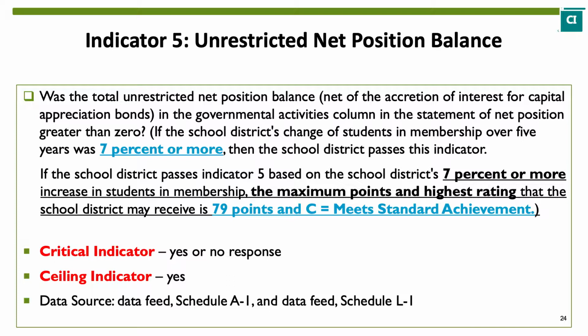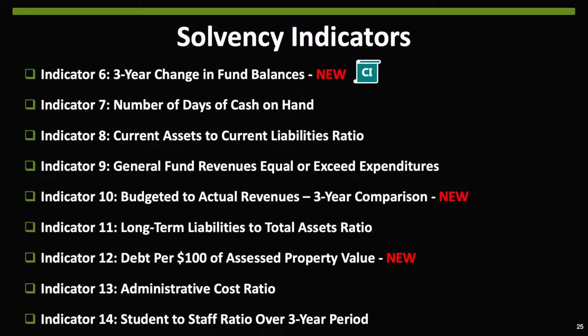Any questions about indicator 5? It's very rare that school districts have, before OPEB, had a negative net position. Truly, it's very rare. It's some of the fast growth districts, and they would pass it on the second part.